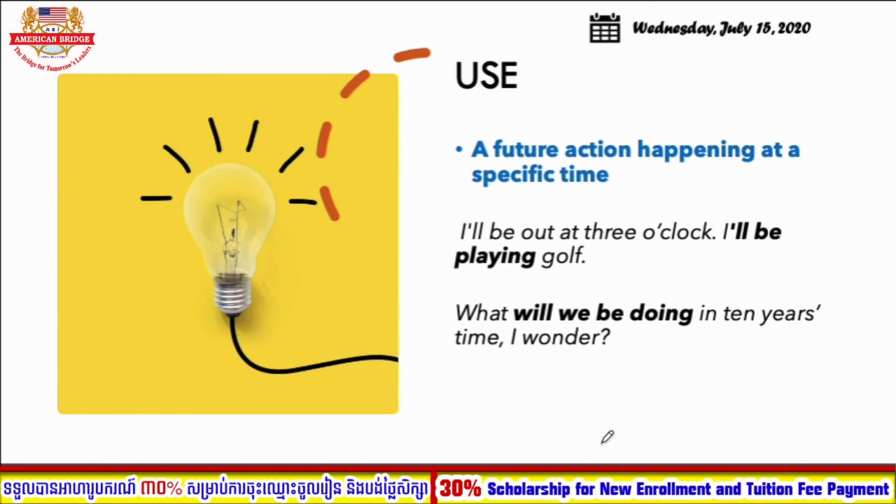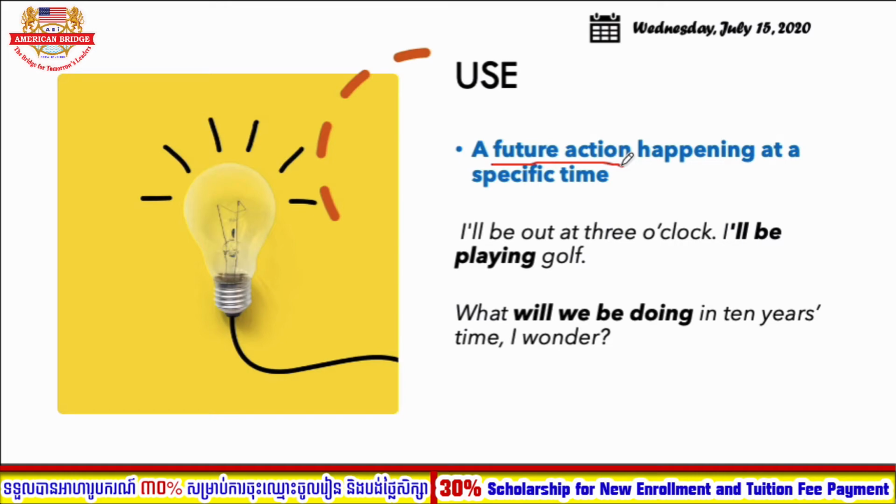So when we use future continuous, there are two cases that you can use. The first one here, we use future continuous to talk about a future action happening at a specific time. Compared to future simple, we just use the word will. It will rain, it will be hot, something like that.